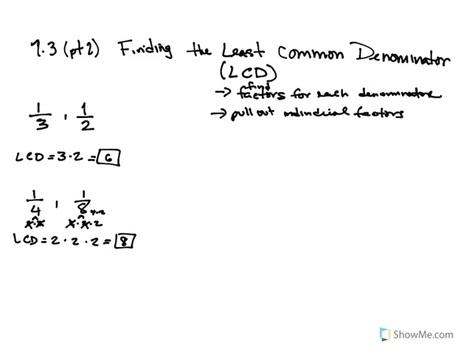Just like when we're simplifying fractions, we can look at them because we know our products and we know how to break them down. We know our factors. With these two examples, we didn't have to use the factors because we just know that 6 is the smallest number that 3 and 2 can divide into evenly.